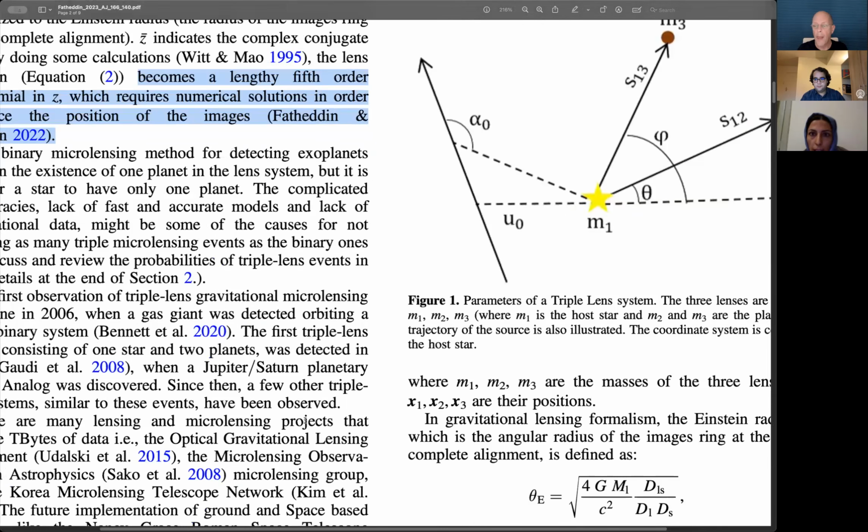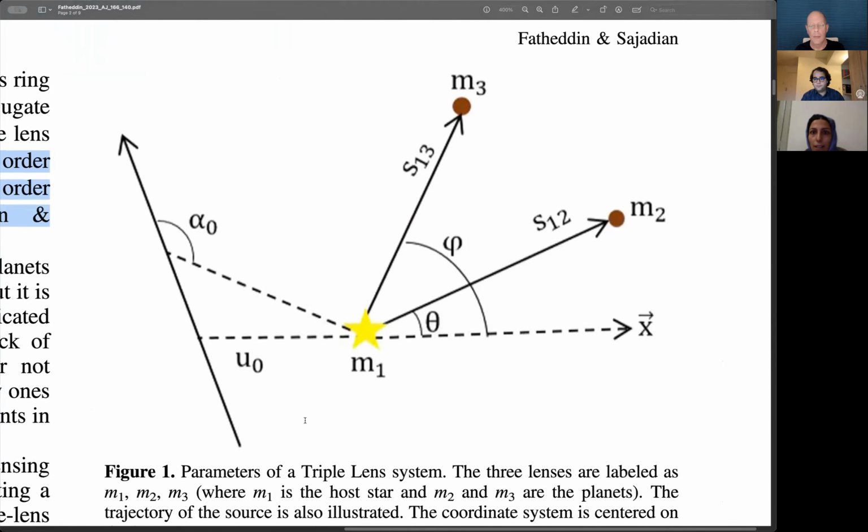According to this figure, we have a primary mass and 2 planets rotating around it. For the 2 planets, we have 2 mass ratios, Q2 and Q3, and 2 distances. The distances between each planet and the host star are S12 and S13.